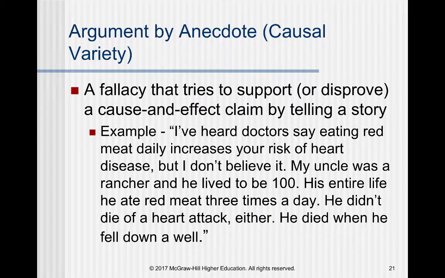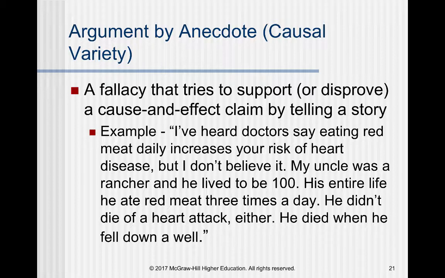We looked at anecdotes as evidence earlier in the lecture when we were discussing hasty generalization. Sometimes it's also of the causal variety, in which someone tries to support or disprove a claim about cause and effect by using a story or example. Here's what I mean. I've heard doctors say eating red meat daily increases your risk of heart disease, but I don't believe it.